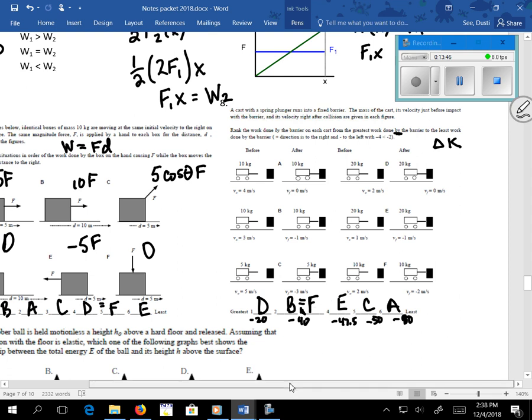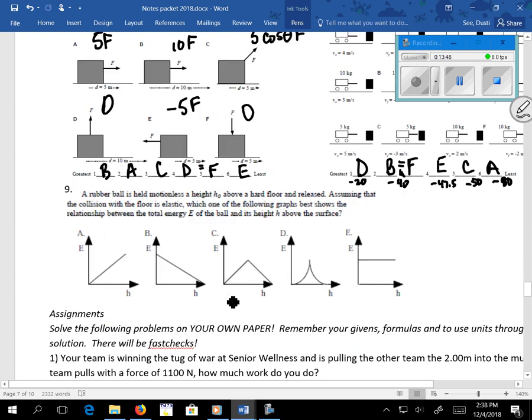Okay? All right, our last one. A rubber ball is held motionless at a height of H0 above the hard floor and released. Assume that the collision with the floor is elastic, meaning that all of the energy is going to be conserved. Which one of the following graphs best shows the relationship between the total energy of the ball and its height above the surface?